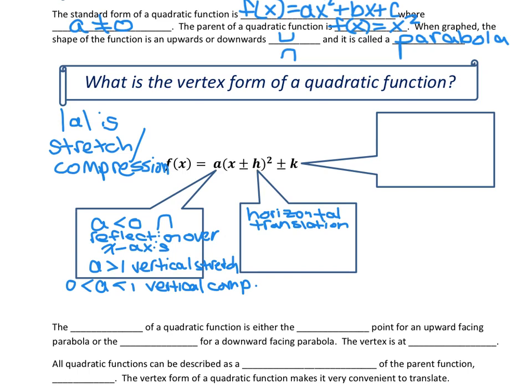And so that h actually is, maybe I'll just put this in here. So x minus h, we're going to the right. And x plus h, we're going left. And that h is the x coordinate of our vertex.